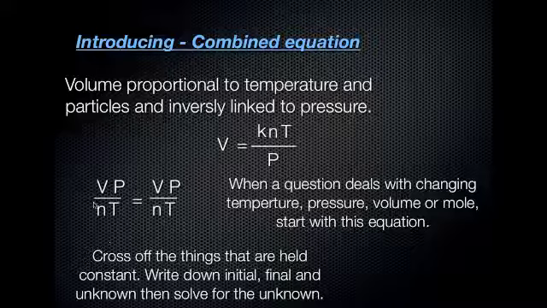We can cross off these things that are held constant and we end up with Vp equals Vp, which is Boyle's law. If you remember this way of doing things, crossing off the things that are held constant, then writing down your initial and final and the unknown, then solving for the unknown, that's how you use these gas laws.